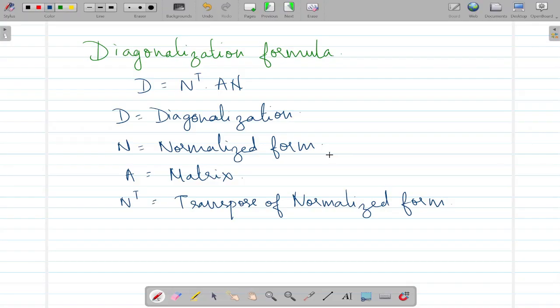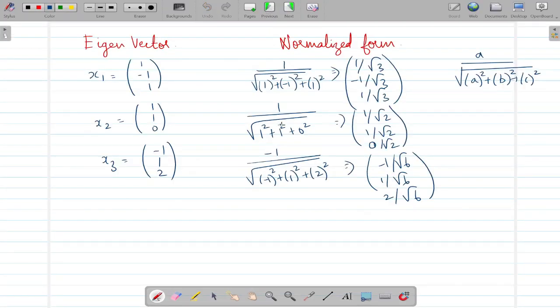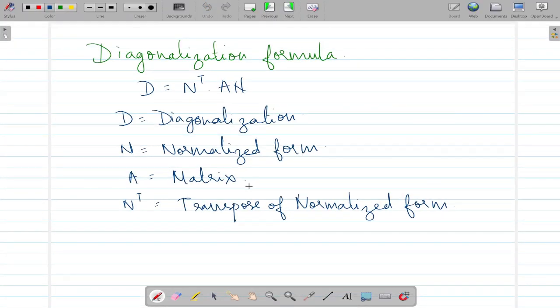So we know normalized form from this table. Then we know matrix A which was given in the question. So we already know normalized form, so it's easy to write the transpose of normalized form.